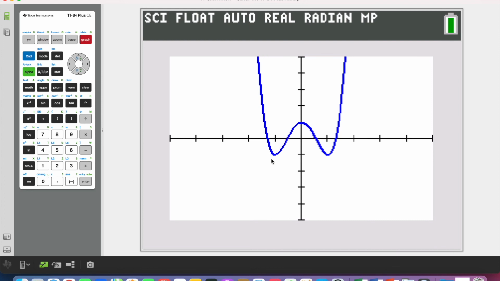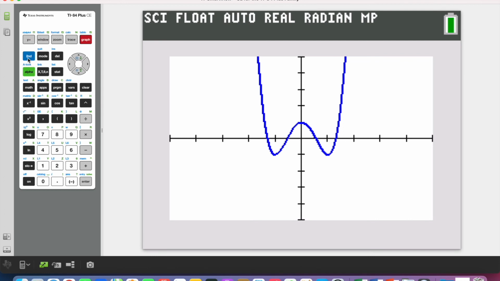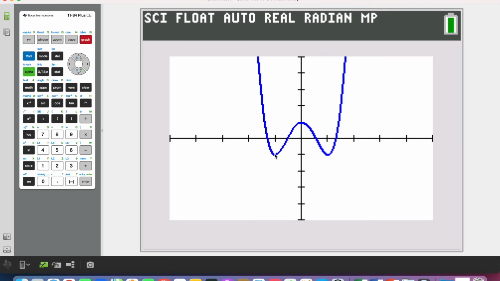We can see whether it matches with our points or not. We have one local maximum, two local minimums, and two non-stationary points of inflection also.